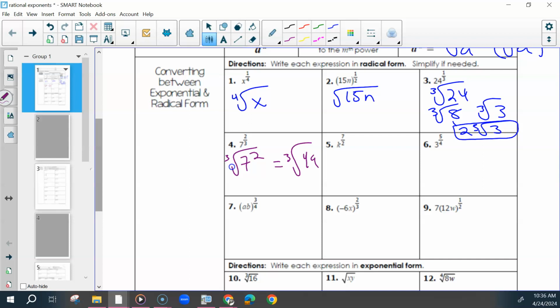But in number 5, anytime you have improper fractions, you want to split this up. 2 goes into 7 how many times? 3. So that would be 2 times 3 is 6. I'm going to put k to the 6 over 2, and whatever's left.